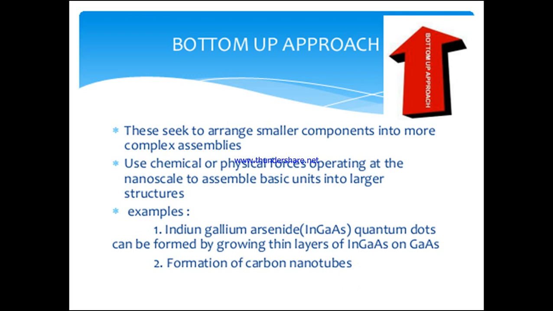So using chemical or physical forces operating at the nanoscale to assemble basic units into larger structures here. So during the self-assembly, the physical forces operating at a nanoscale are used to combine basic units into larger stable structures here.